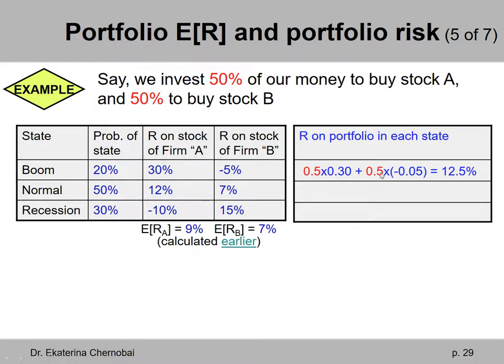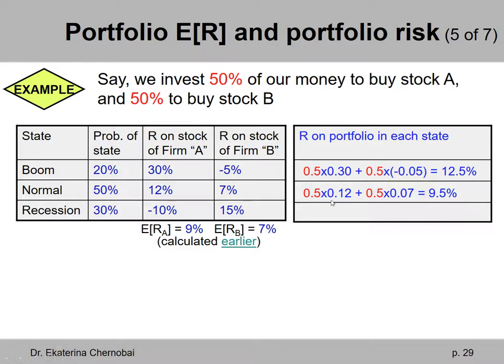The same way we can calculate the portfolio return in the normal state. So half of our money will increase by 12%. And half of our money, so by half I'm referring to the weights of A and B that are given in red, but half of our money is going to increase by 7%. So mathematically we have 0.5 times 0.12 plus 0.5 times 0.07 equals 9.5%, right?